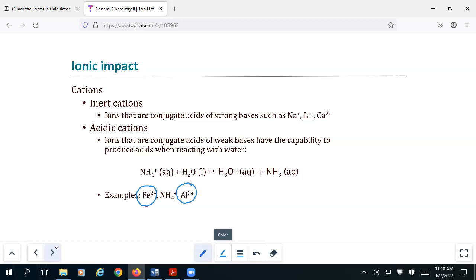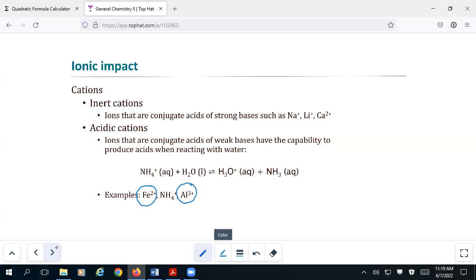Just know that it has something to do with their formation of complexes with water and how those water molecules can ditch a hydrogen to add some acidity from that complex. Again, we won't get too deep into it. That's an inorganic kind of concept for a junior level course. We're not going to touch it here, but that's how we get acidity from those.